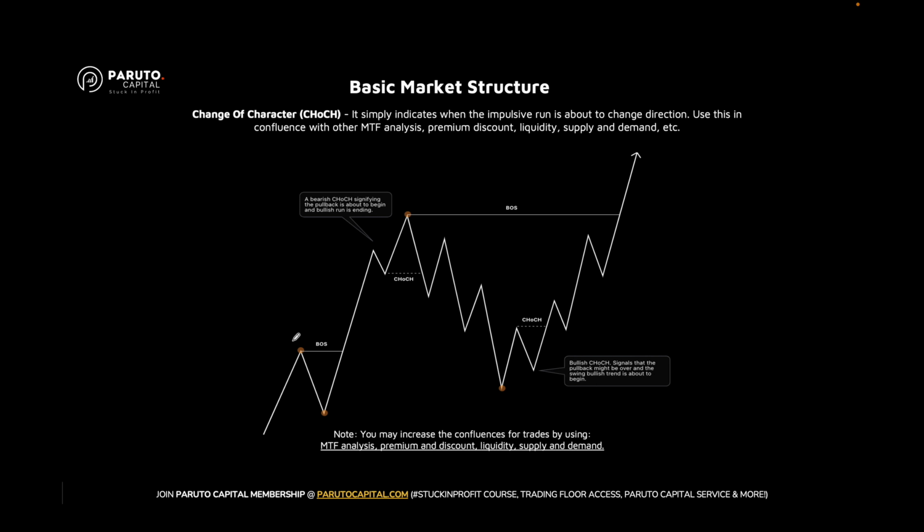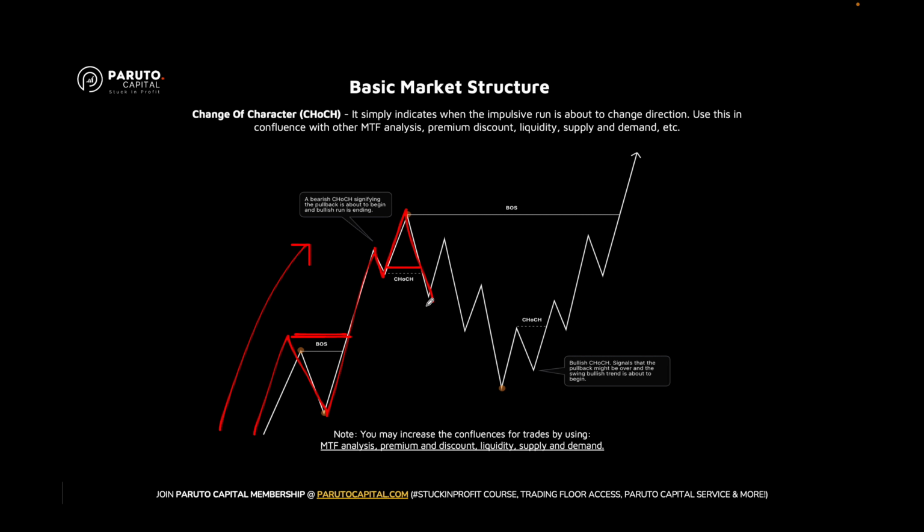So you have here on the chart this impulsive move and then a pullback and then a break of structure, as you can see here, right? And then we have this minor pullback here, and then it continues, and then a change of character, as you can see here, telling us that this move up is slowing down, right?